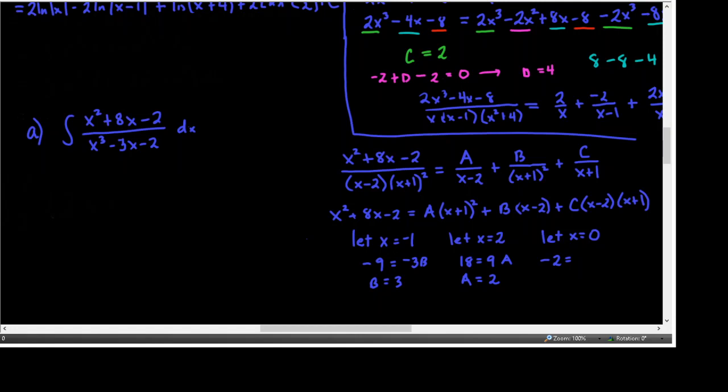0 plus 1 is 1. 1 squared is 1. 1 times a, which we know is 2, is 2. 0 minus 2 is negative 2. Negative 2 times b. And since b we know is 3, negative 2 times 3 is negative 6. And then 0 minus 2 is negative 2. 0 plus 1 is 1. Negative 2 times 1 is negative 2. Negative 2c. And solve that equation for c.